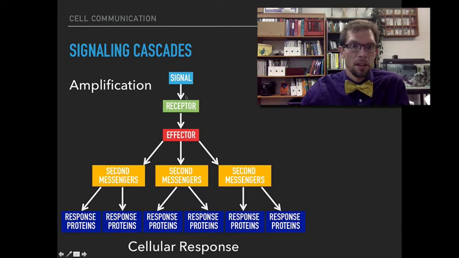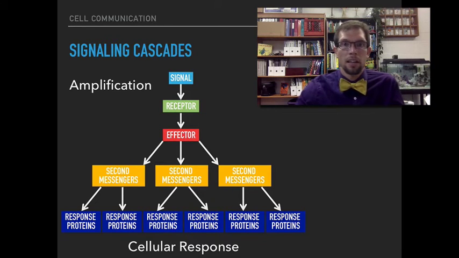So you can start with a very small signal, just a single molecule being detected by a receptor, that leads to large-scale effects and a cellular response. The purpose of signaling cascades is to amplify the signal so that you can get a cellular response from just a small change on the outside of the cell.